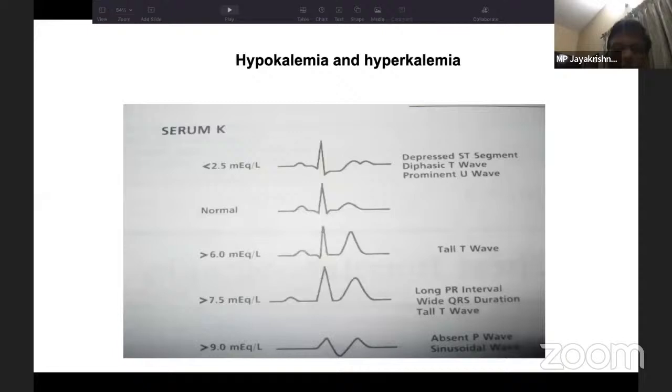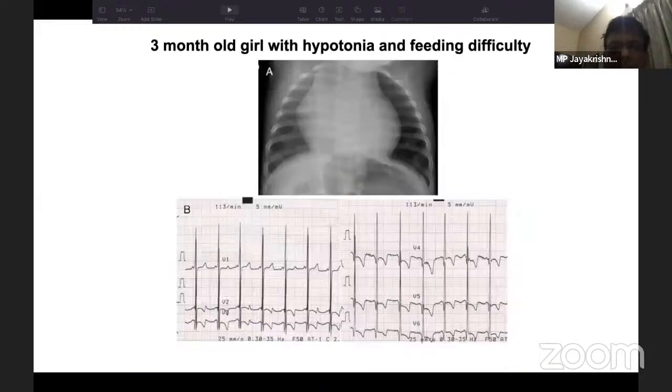But most of the time you will get changes if the value is too low or too high, like this. This is there in all textbooks. I'm not going into the details.